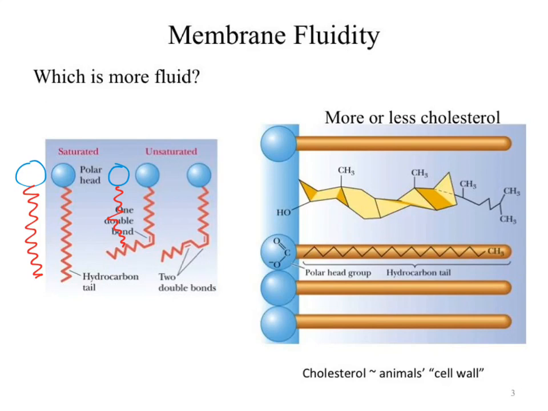Whereas with our standard chains, what can those sigma bonds do? They can freely rotate. So those can rotate and kick out just like our cis-trans, just not quite as frequently. So we still expect them to have stronger intermolecular forces than our cis-trans or than our unsaturated structures. But they can still kick and move and cause other fatty acids to shift away from it.